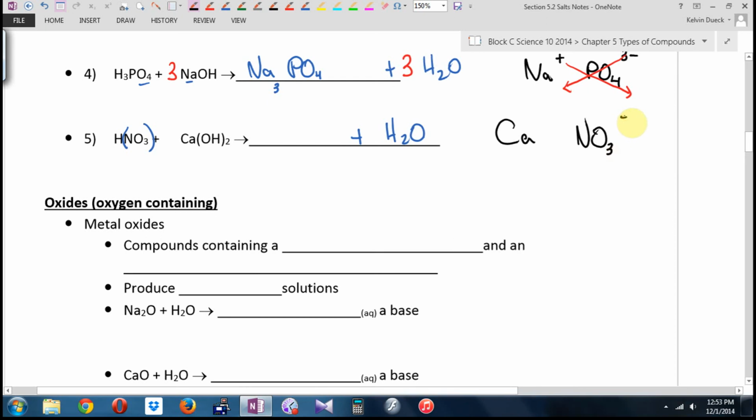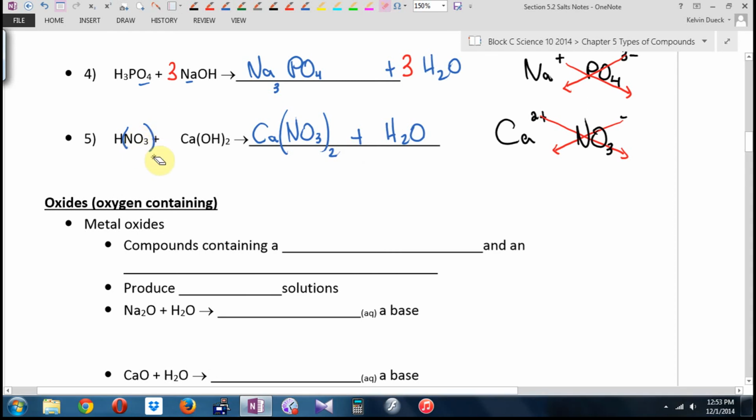What's the charge on calcium? 2 plus. So when I crisscross, I'm going to get 1 Ca, but how many NO3s to make this work? It's going to be an NO3 in brackets with a 2 there.